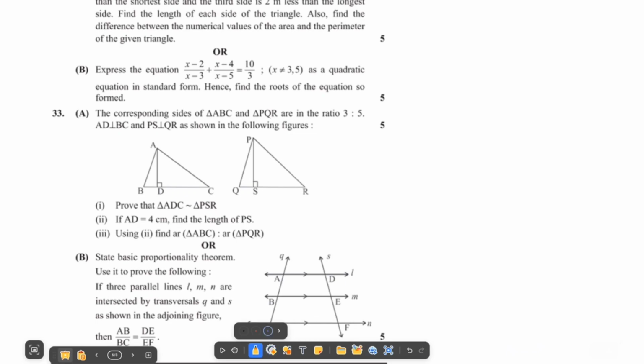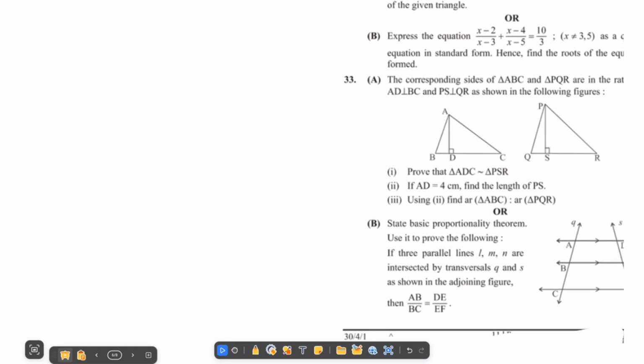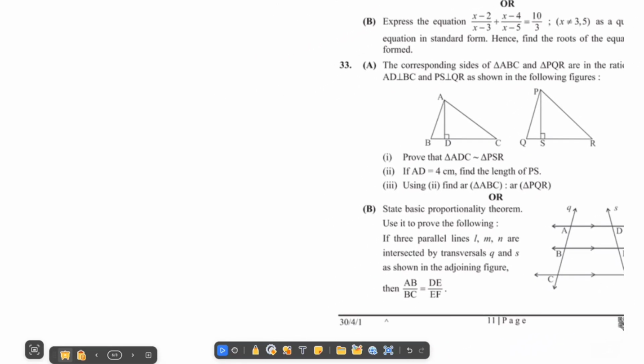First of all, write what is given. So the ratio of corresponding sides is 3 is to 5, right? That means when the triangles' sides ratios are the same, definitely these triangles are similar. Let's draw the figures.